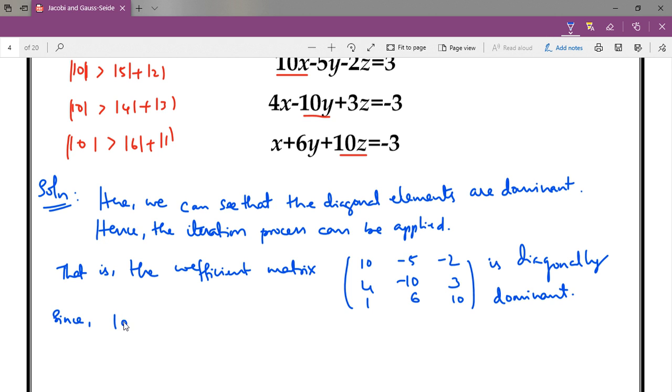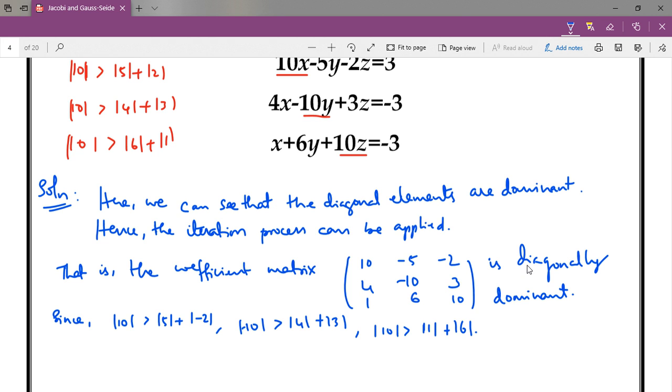Since mod 10 is greater than mod 5 plus mod minus 2, and mod minus 10 is greater than mod 4 and mod 3, and mod 10 is greater than mod 1 plus mod 6.